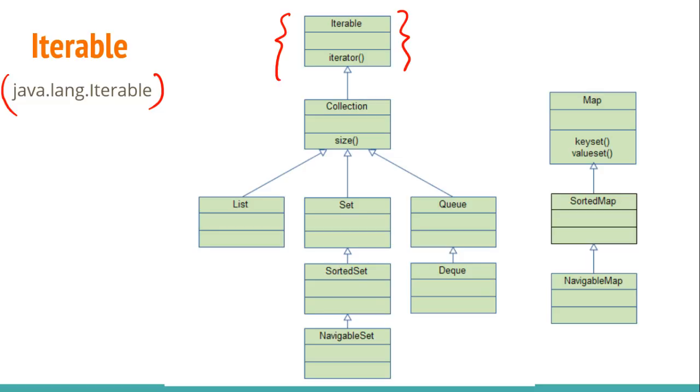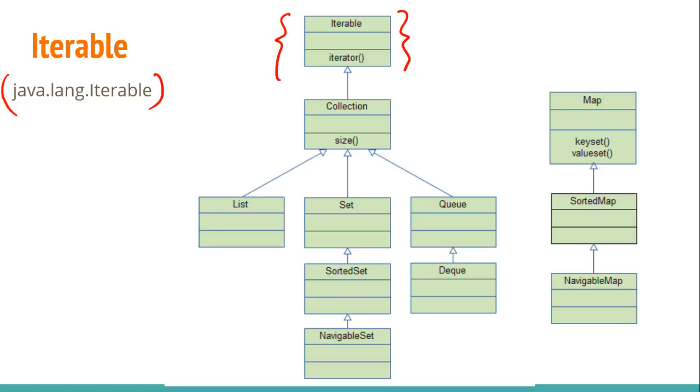Since the Collection interface extends Iterable, it inherits all the methods in there, and likewise for all the others that you see. List, Set, SortedSet, NavigableSet, Queue, Deque: these are all interfaces. Apart from the Collection class hierarchy, we also have the Map hierarchy that is considered part of our collection framework.